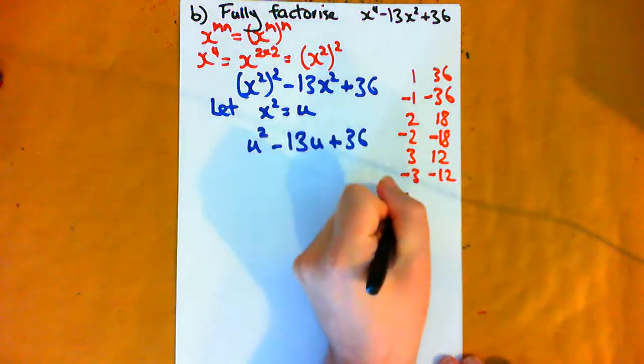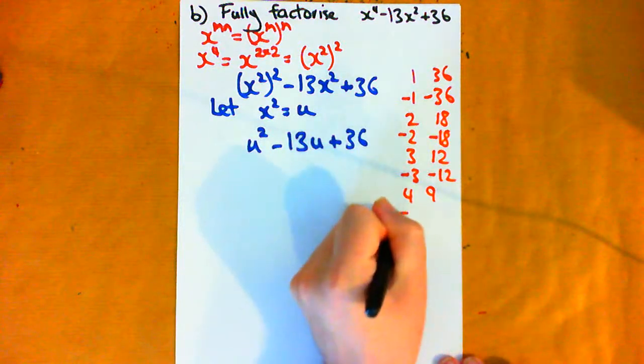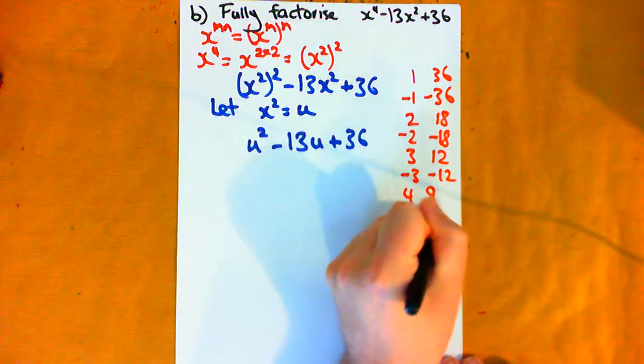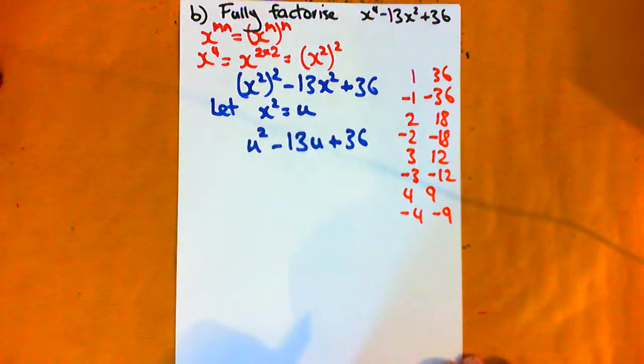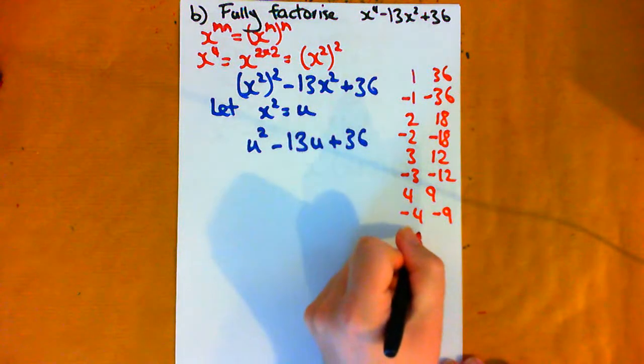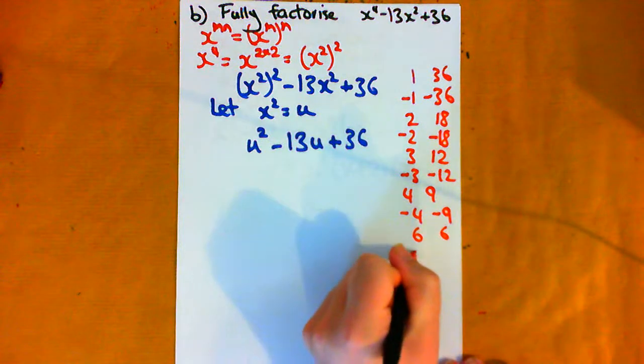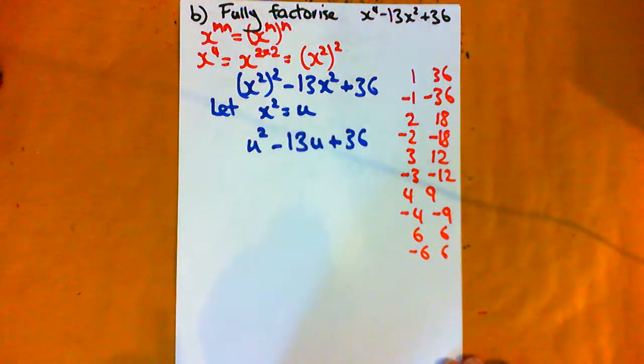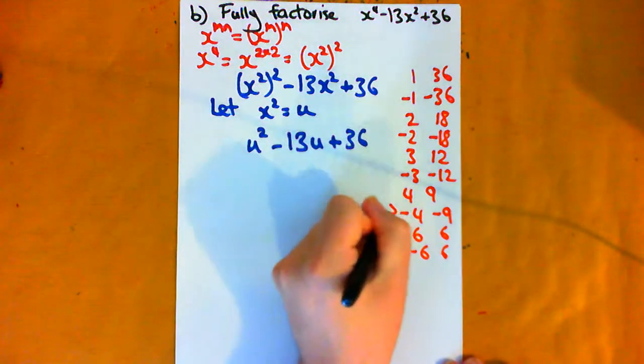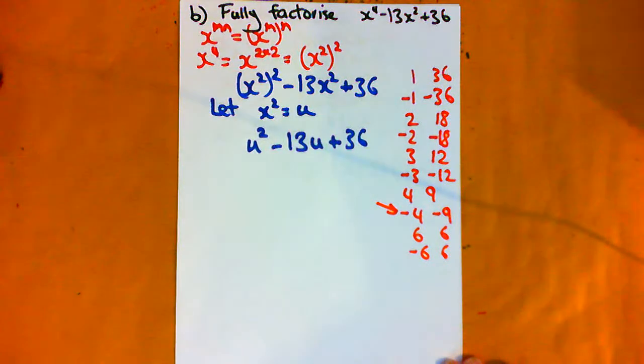That is 4 times 9, and negative 4 times negative 9. And does 5 go into 36? It doesn't, because 36 divided by 5 is not a whole number. What about 6? 36 divided by 6 gives you 6, and the negatives. So we're looking for the pair that adds up to minus 13, which would be negative 4 and negative 9.